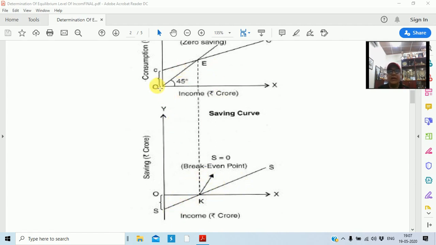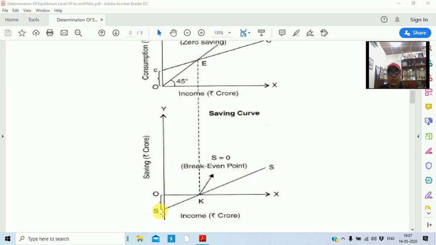Once again, the amount of autonomous consumption is the same as the amount of dis-savings. Till consumption is more than income, savings is negative. The point where income is equal to consumption, savings are 0. And further, when consumption is less than income, savings are positive.